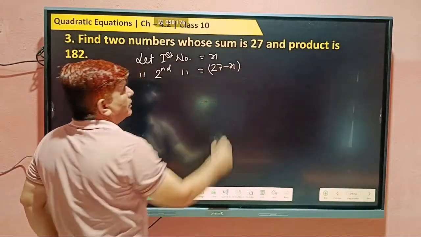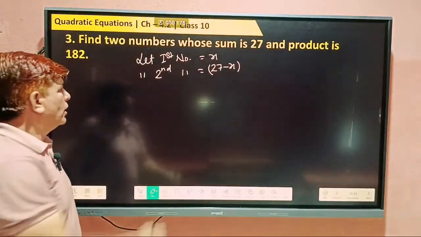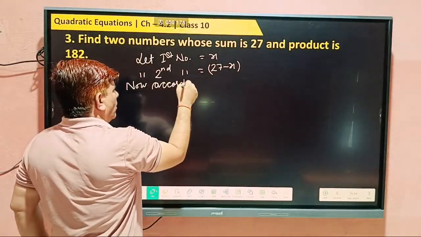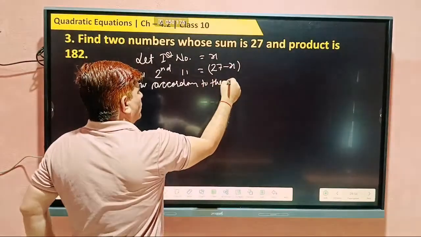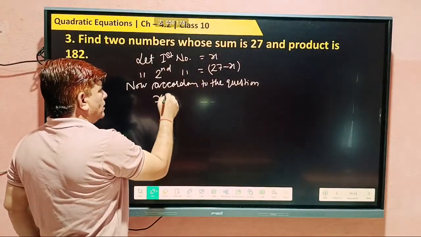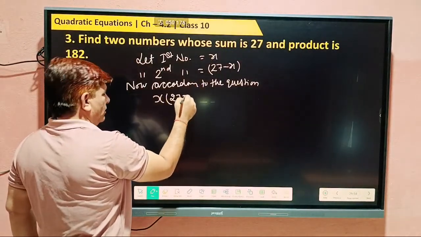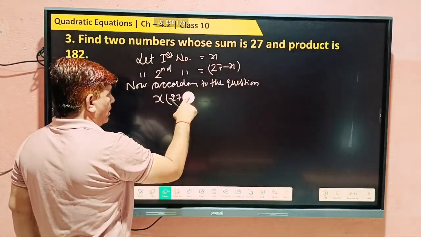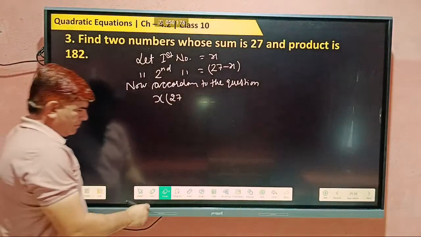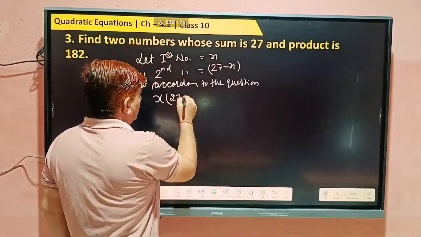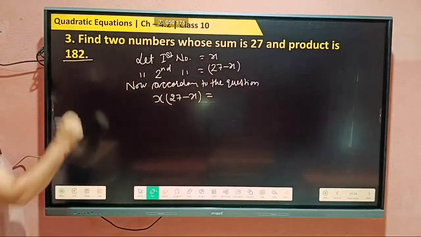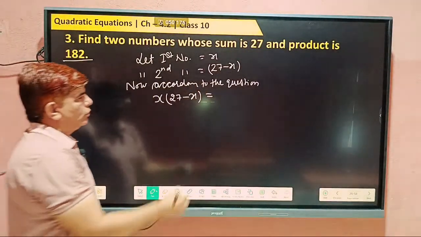And the product is 182, so according to the question, their product, x into 27 minus x, is equal to 182.